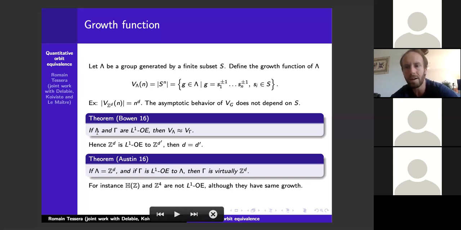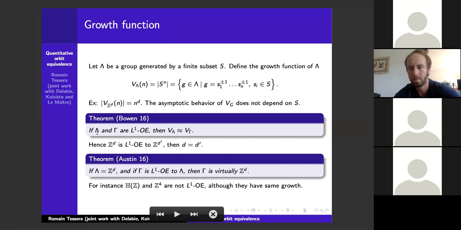But still, here, the isoperimetric profile distinguishes them really well, because among these groups that have exponential growth, some of them have an exponential isoperimetric profile, and some of them have an extremely wide isoperimetric profile, like exponential of exponential of exponential, as many times as you want. So they can be as far as possible in terms of integrability of integrable orbit equivalence. You can have as bad as you want.